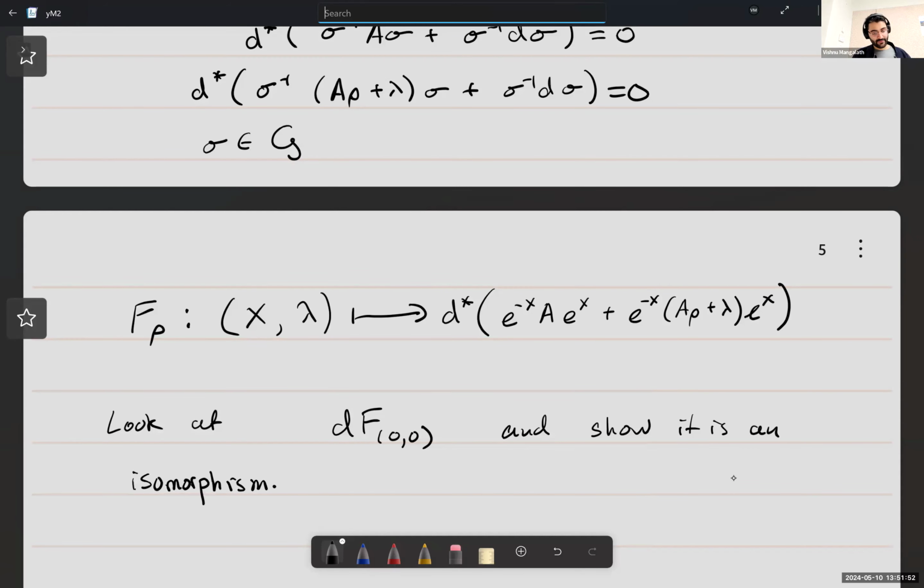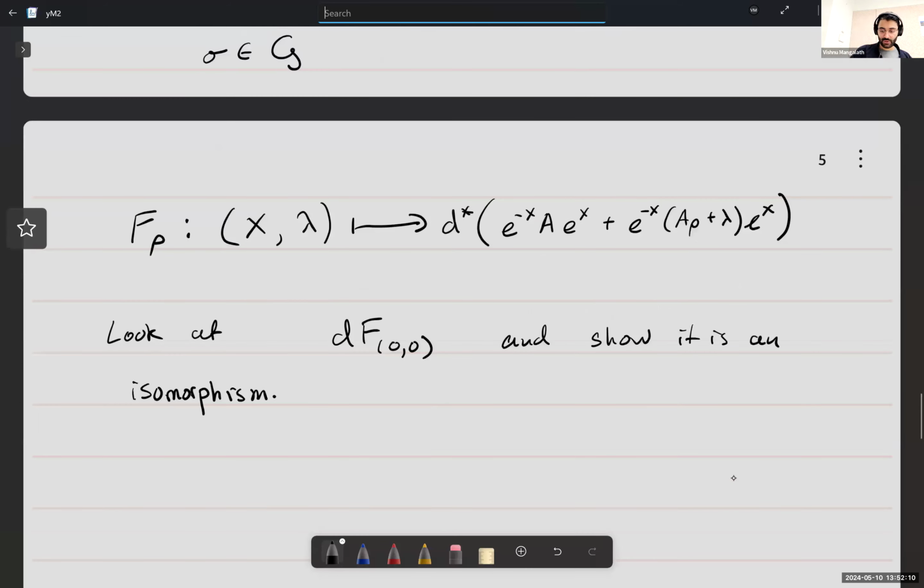Then you can use the implicit function theorem to solve for X in terms of lambda, provided lambda is small, and to do that you use the openness condition.